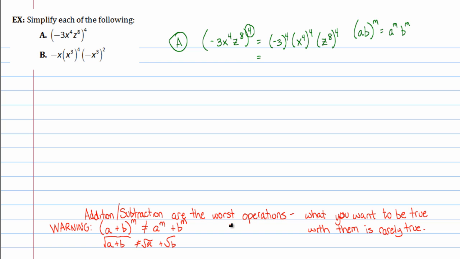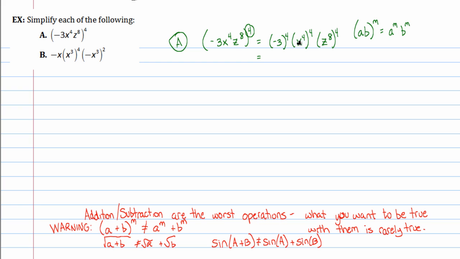If you've ever taken a trig class, sine of (a plus b) is not equal to sine of a plus sine of b. It's a rare instance where what you want to be true with addition and subtraction is actually true. It just rarely works out.